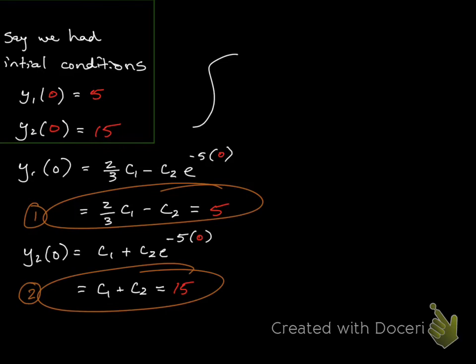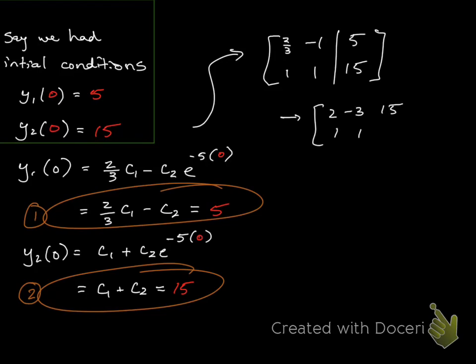That's basically the first half of the semester. That's a 2x2 system, two equations, two unknowns. So I set up a matrix. 2/3, 1, 1, augmented with 5 and 15, and I solve. So I reduce, multiply that first row by 3, leaves it a little bit easier to work with.